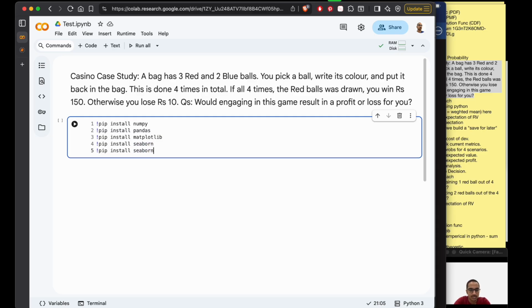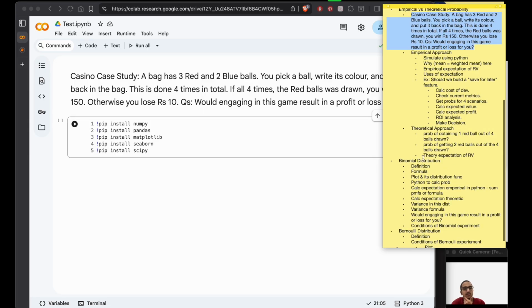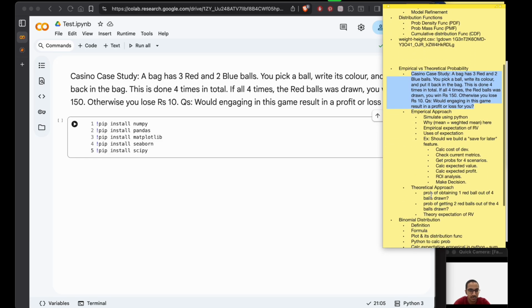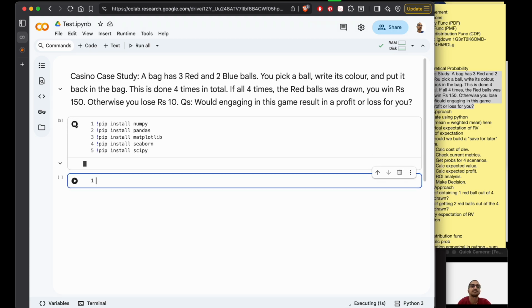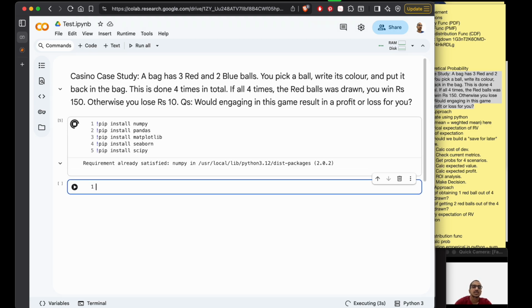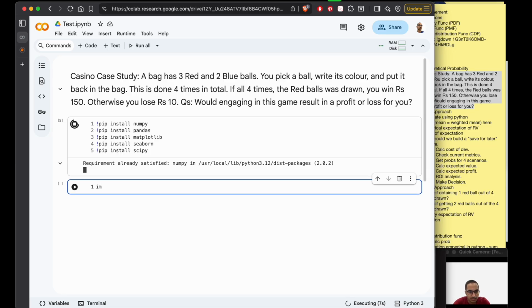We'll also be using something called SciPy when we'll be handling binomial distribution and Bernoulli distribution. We can actually do this directly in Python itself, also calculating expectations as well. Mostly everything will be satisfied, other than SciPy, which I think is kind of new. So we'll see.